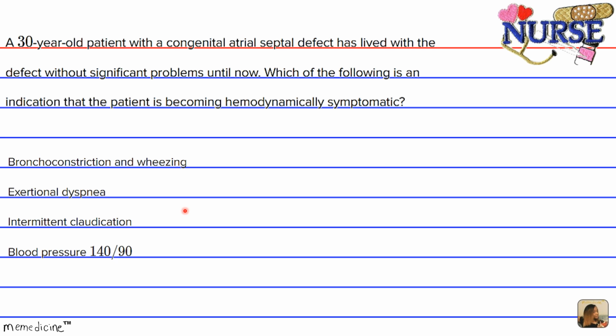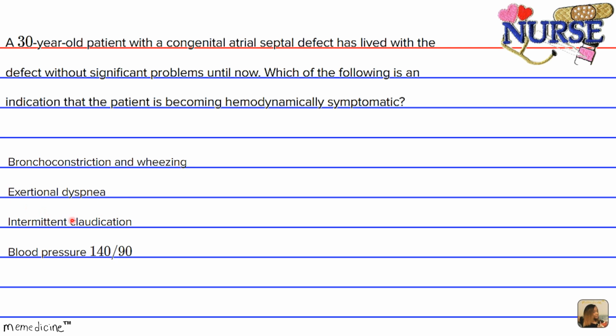And the pulmonary arteries become enlarged, and increased pulmonary pressure can result in pulmonary edema, too much fluid in the lungs, which interferes with gas exchange, so there's maybe a buildup of carbon dioxide or a decrease in the oxygen in the blood, especially when the patient is active. So the best choice wouldn't be intermittent claudication nor a blood pressure of 140/90, but it would be exertional dyspnea.